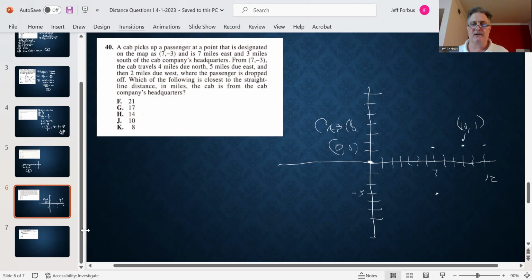Which of the following is closest to the straight line distance in miles the cab is from the cab company headquarters? So we end up right here at 10, 1. The cab company is here at the origin, right? So if we draw a line that way, look what's starting to develop: a triangle.